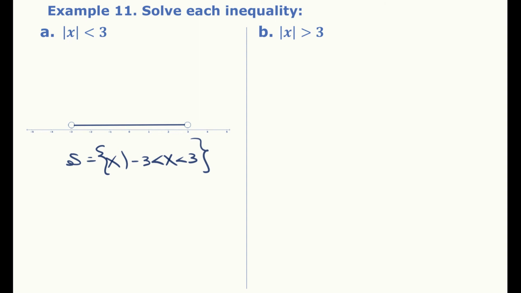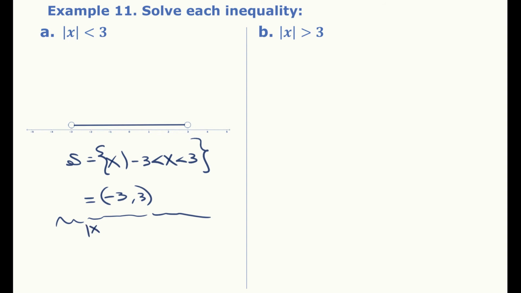Notice this is the 3-part inequality that we have seen before. And of course, if we want to write it in interval notation, we can just say parentheses -3 comma 3.